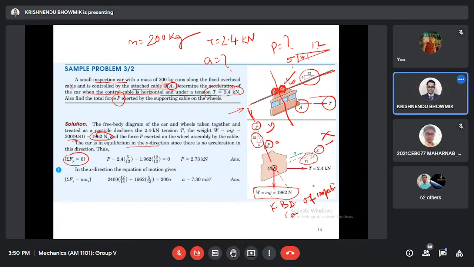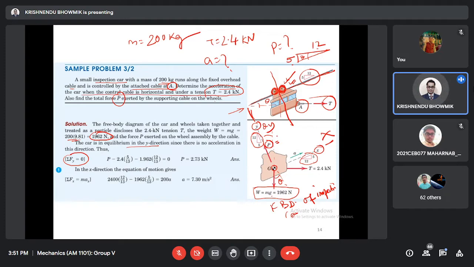Tan theta, then theta also you can consider. So if this is a cable, if this is theta, then this also will be theta.